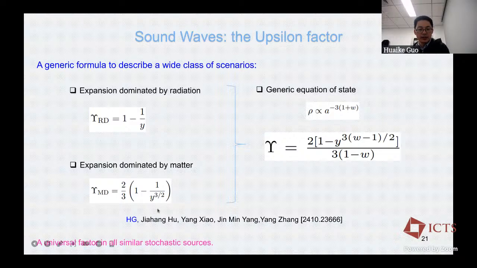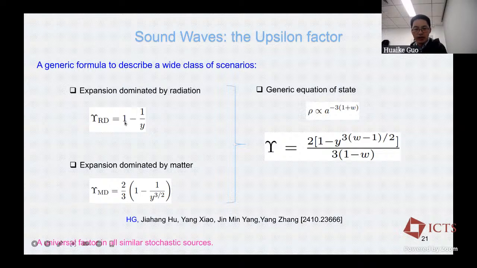So if we consider further the problem of a generic background expansion rate, but still have sound waves in the radiation sector, then for the general equation of state given by this symbol, and with this expansion rate, we can obtain a very compact result similar to that previously obtained.